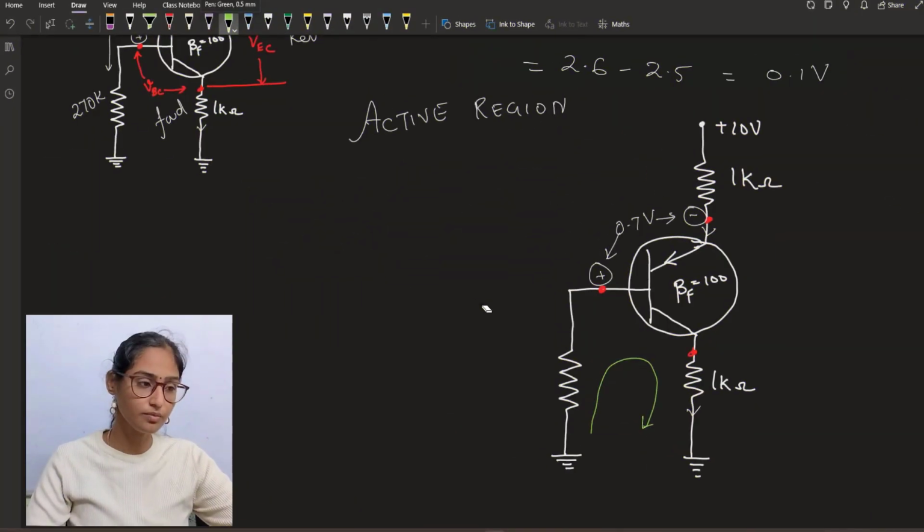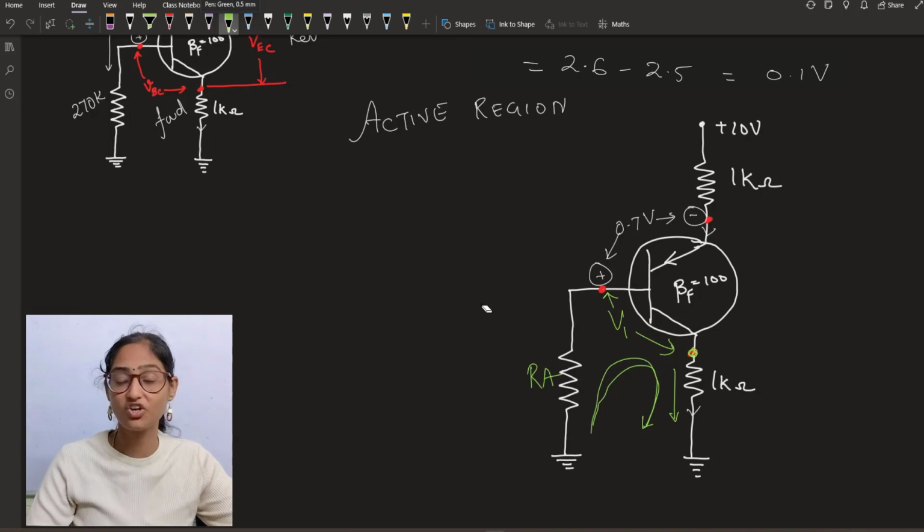We will also answer another question. Whenever we are applying Kirchhoff's law to a circuit, consider this case. Whenever you are applying Kirchhoff's voltage law through a loop, say you are considering the direction of the current to be like this. It is going into the resistor A, it is crossing this junction. Let us call this voltage V1 for now. And this current is entering at this collector terminal and it is leaving here. So this is the direction of our current. Whatever be the actual current direction, it doesn't matter.